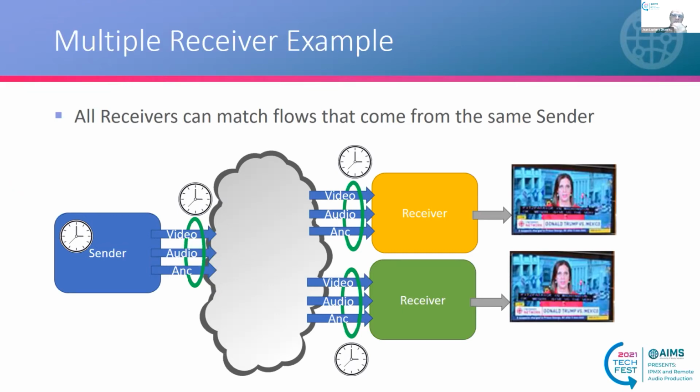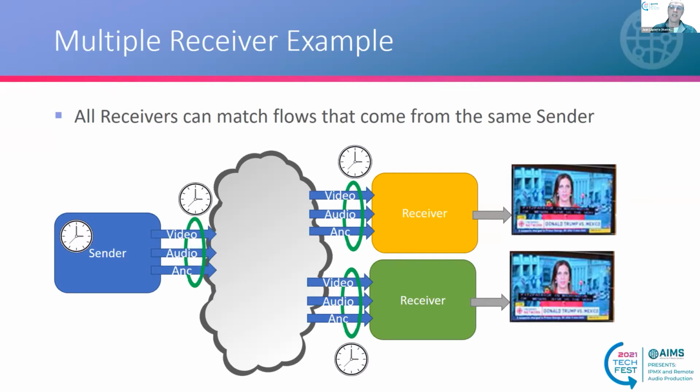That's the main reason why we usually use multicast for sending data. So the video, audio, and VANC on each of those monitors will be perfectly in sync because the receiver will be able to take the audio, video, and VANC, like I explained before, and sync them together. Each receiver will receive the data, align it, and present it on the monitor.